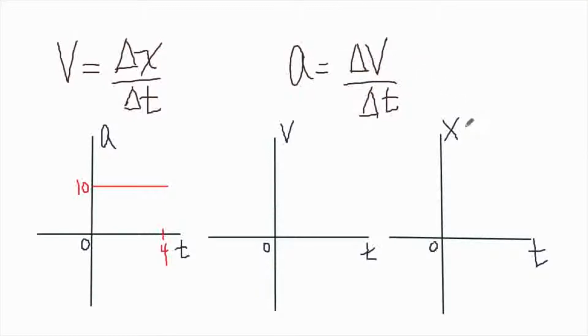The units of x in the metric system or international system, we could use meters. Time, we would use seconds. So let's use SI units for everything. Velocity, we know, is units of meters per second. Now, acceleration has these odd units, meters per second squared. Where in the world did that come from?